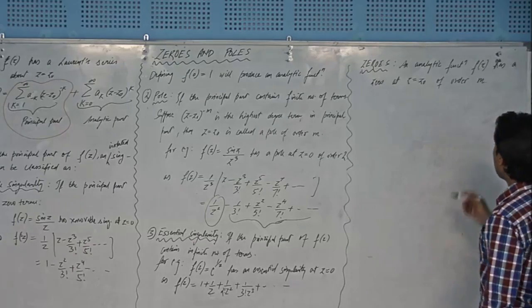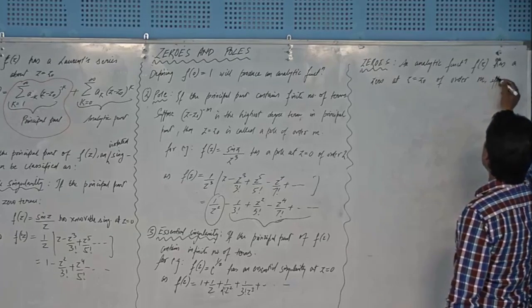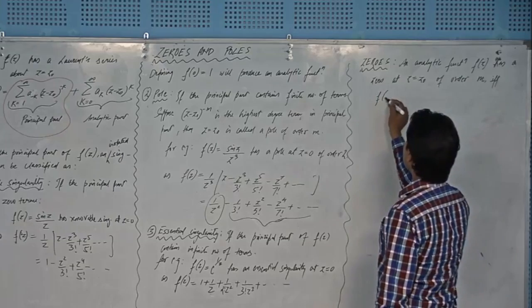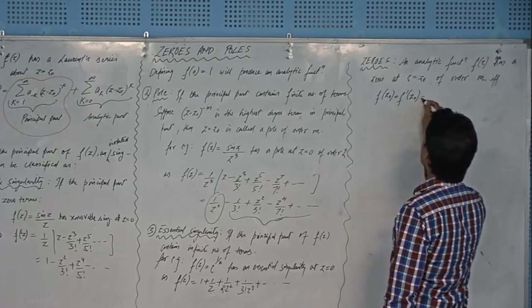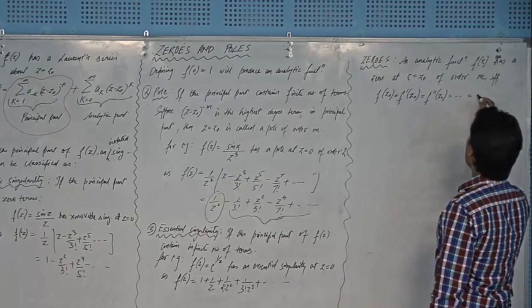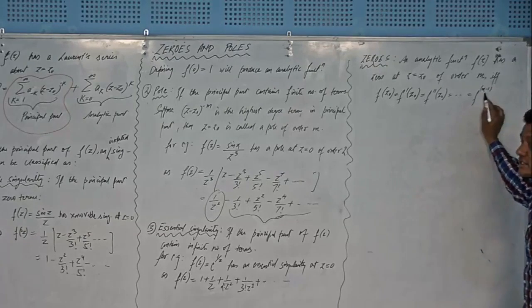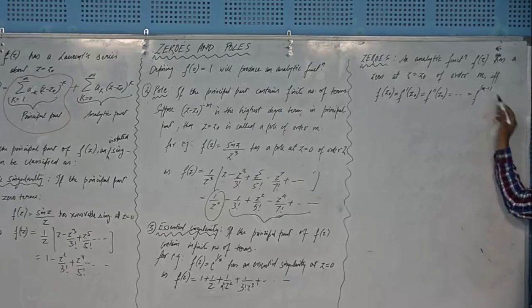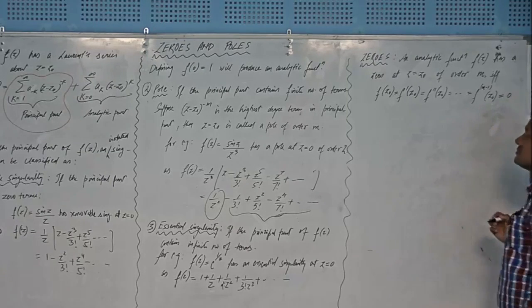Zero of order m if and only if f(z naught) equals f dash z naught equals f double dash z naught equals, up to the (m minus 1)th derivative at z naught, all are 0, right?